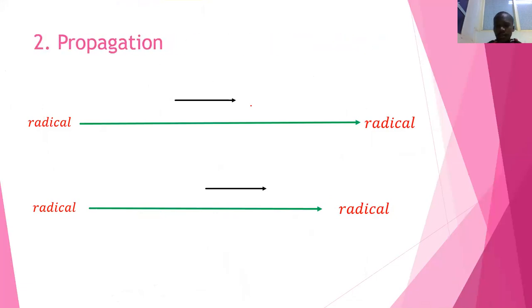So in propagation, the one bromine radical reacts with the propane here. And now you realize that there will be a transfer of electrons.